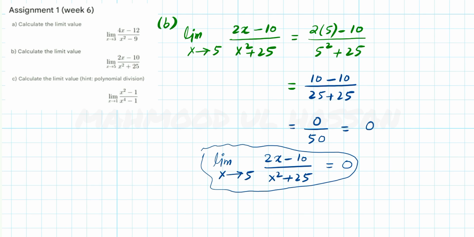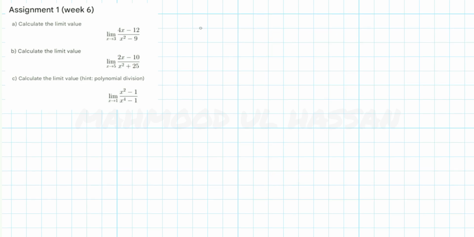Okay, now move to the next question. That is part C, and here we have limit x approaches to 1, and the function is x squared minus 1 upon x to the fourth power minus 1.